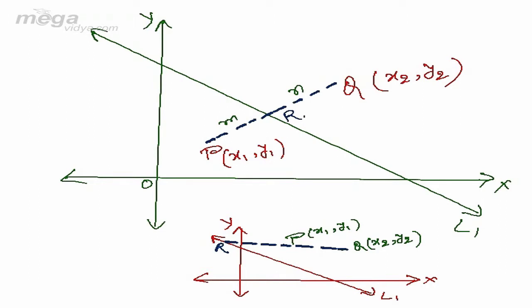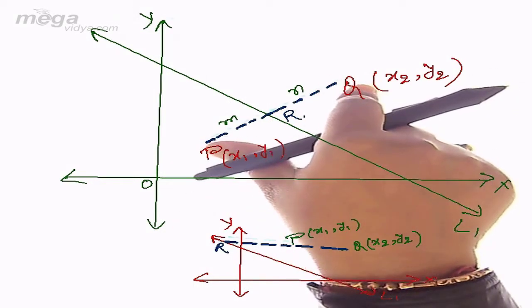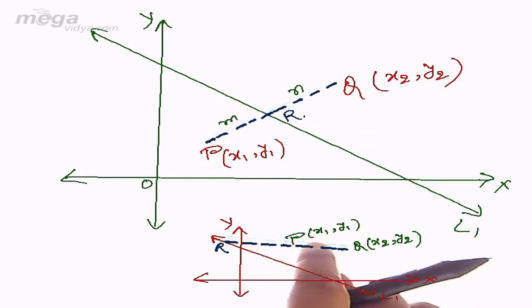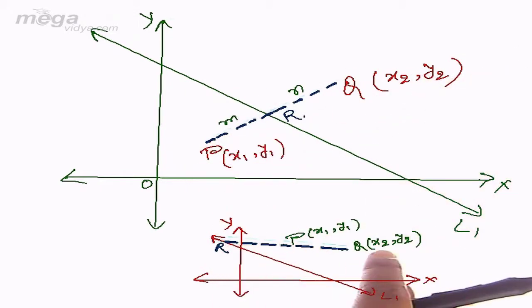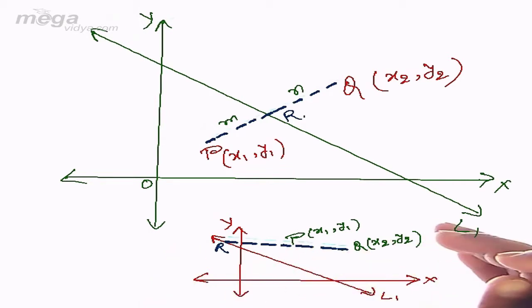If m is to n is positive, then this R divides the PQ internally, meaning P and Q lie on the opposite side. And if this m is to n is negative, R divides the PQ externally, which means P and Q will lie on the same side of the line.